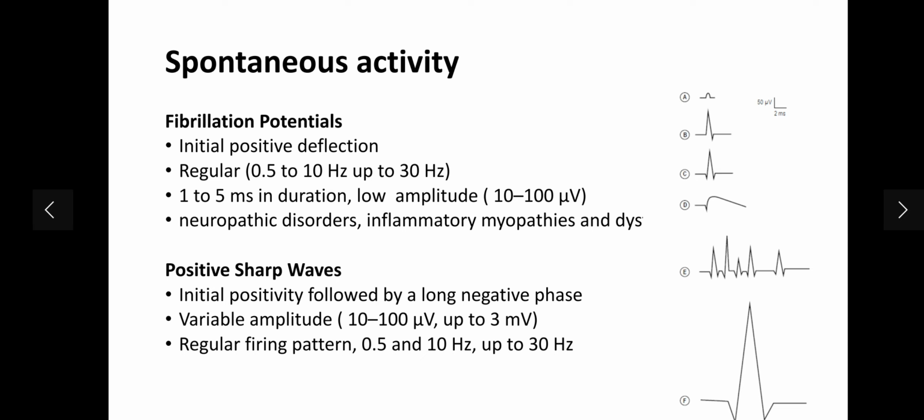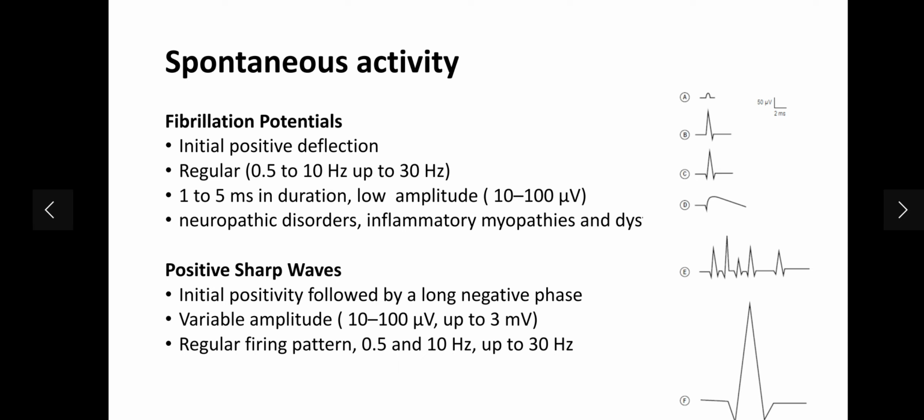So, spontaneous activity that's abnormal. These are fibrillation potentials and positive sharp waves. So fibrillation potentials are muscle fiber action potentials. So they have the morphology of a muscle fiber action potential, meaning they are small in amplitude and they are short in duration.